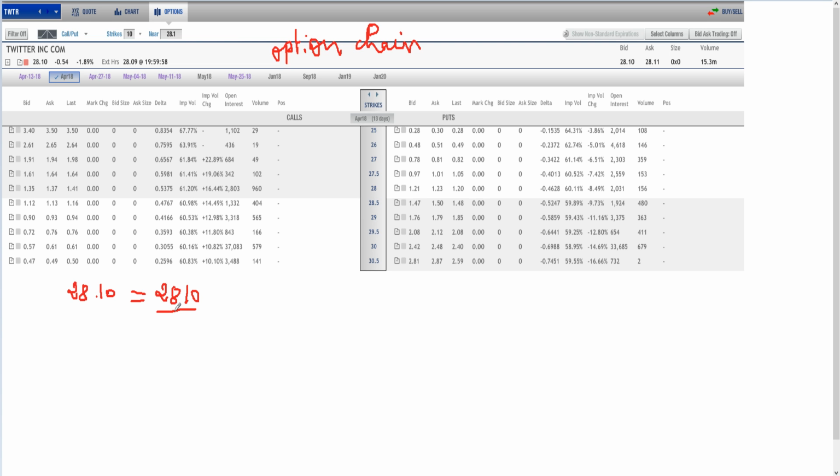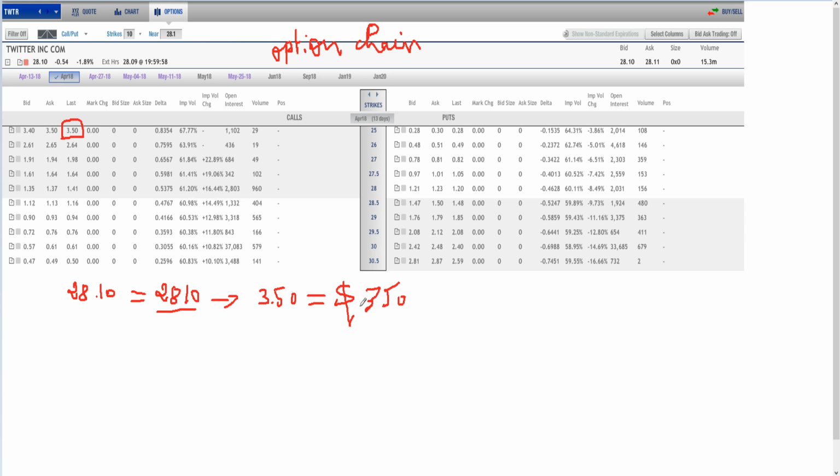Why should I pay $2,810 instead of paying only for an option contract, which is, for example, this $350?